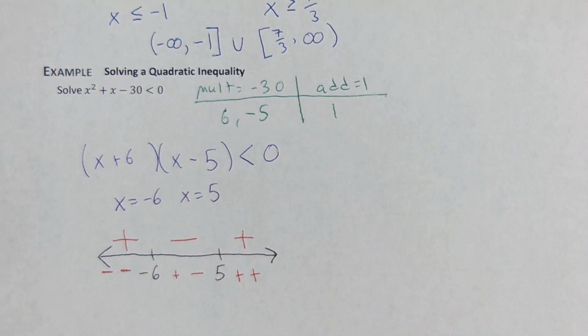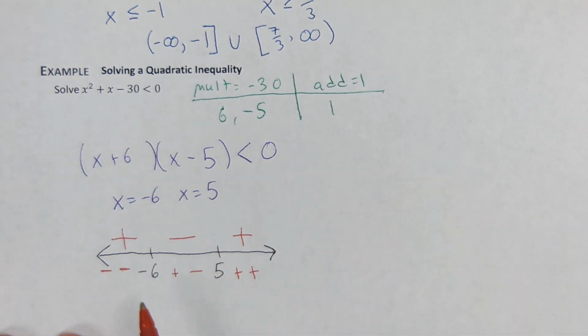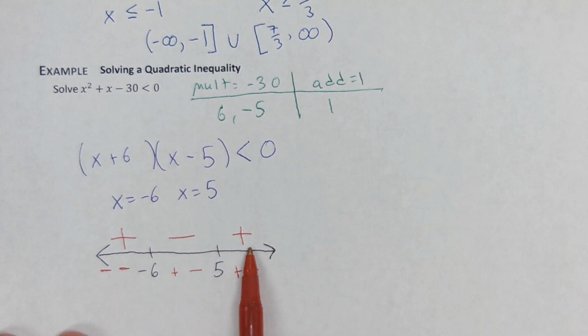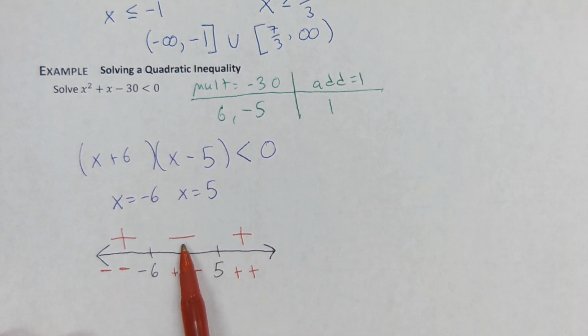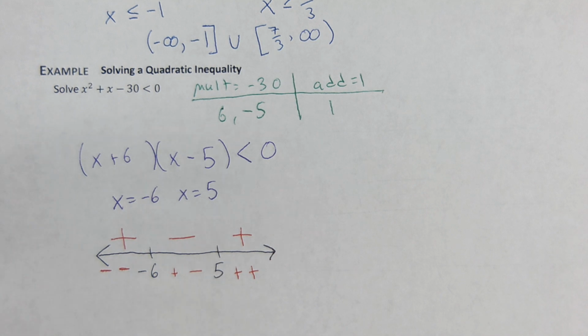Our sign diagram is filled out. What have we done? What we've done is we have figured out where this parabola is above the x-axis and below the x-axis. Normally, it could have said y equals x squared plus x minus 30, right? You would have plugged in any x you wanted and you would have gotten a y value as a result, correct?